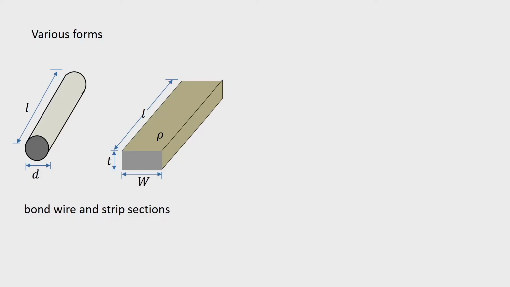Inductors appear in various forms. So, bond wire and strip sections are shown here, and the inductance provided depends on the diameter and the length. Similarly, here the width, thickness and length.